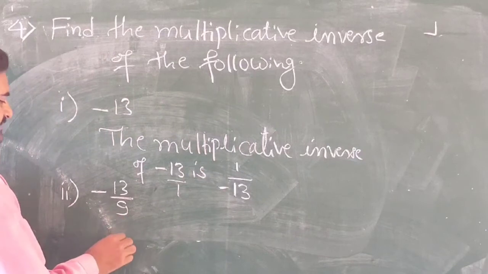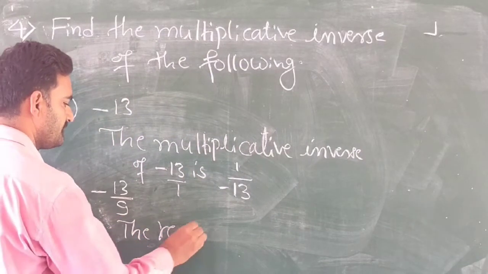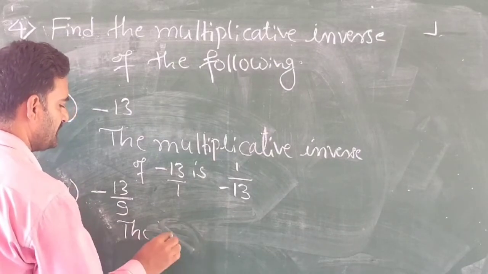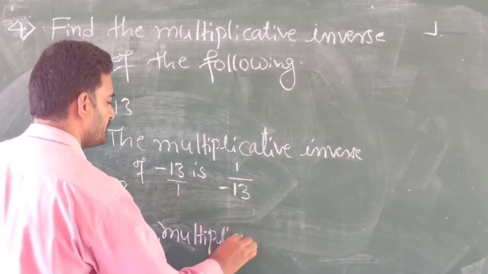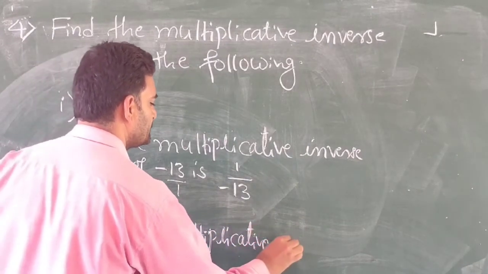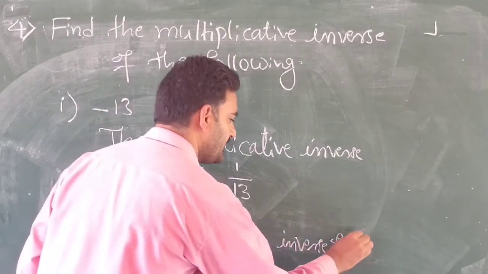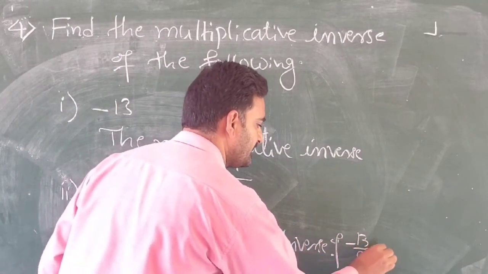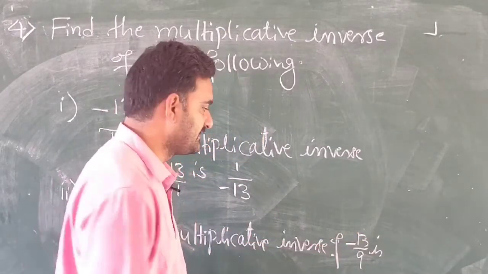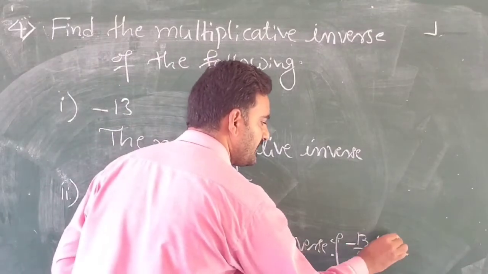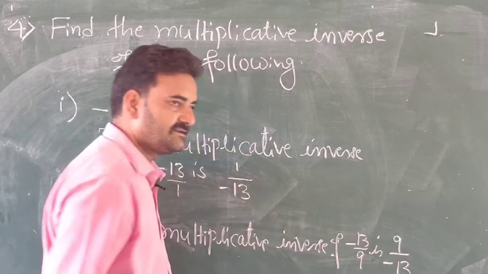Okay. In the same manner, we'll solve this. The multiplicative inverse of minus 13 by 9 is the reciprocal, or ulta, I can say. 9 will be up, 13 will be down, minus as it is.